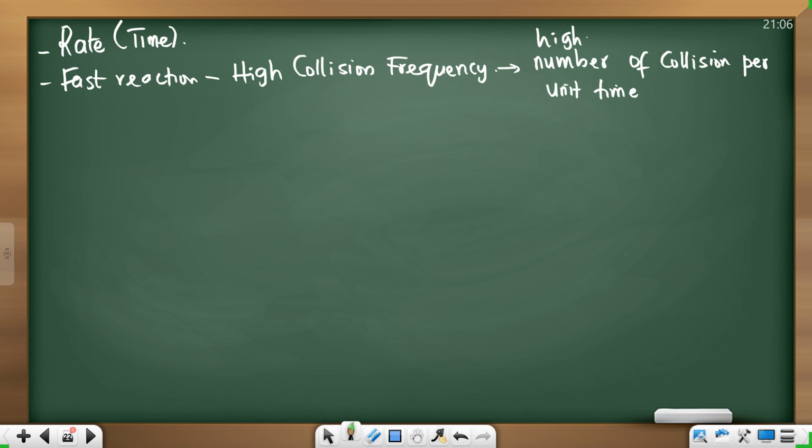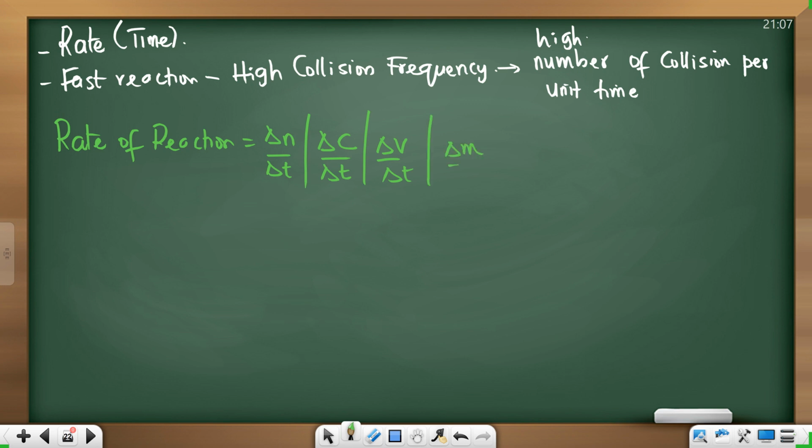So how do we then define rate of reaction? The formula is this. It depends on the examiner, what the examiner wants. This is moles per second. Depends on the examiner. Moles per dm cube per second.